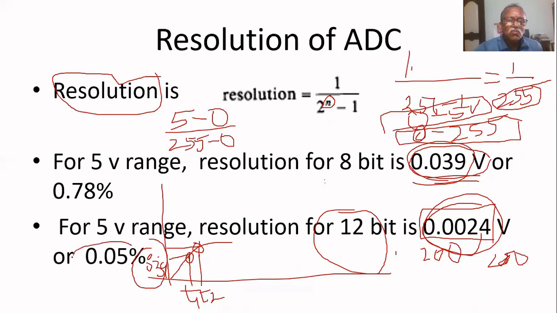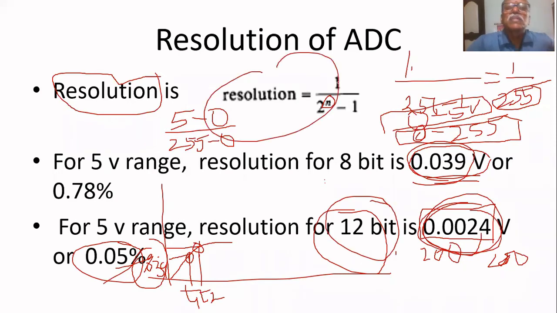That is 0.05%. So its resolution is more. It is more sensitive to changes. So it can sense a voltage change of 0.0024. As the number of bits increases, resolution increases.